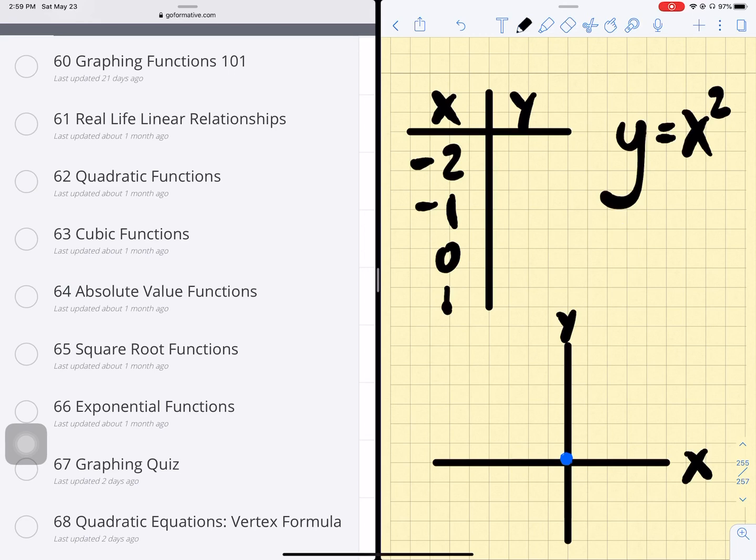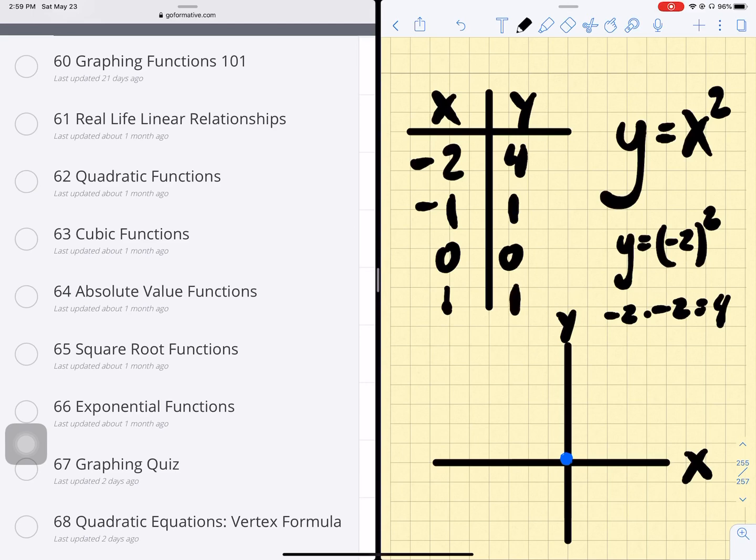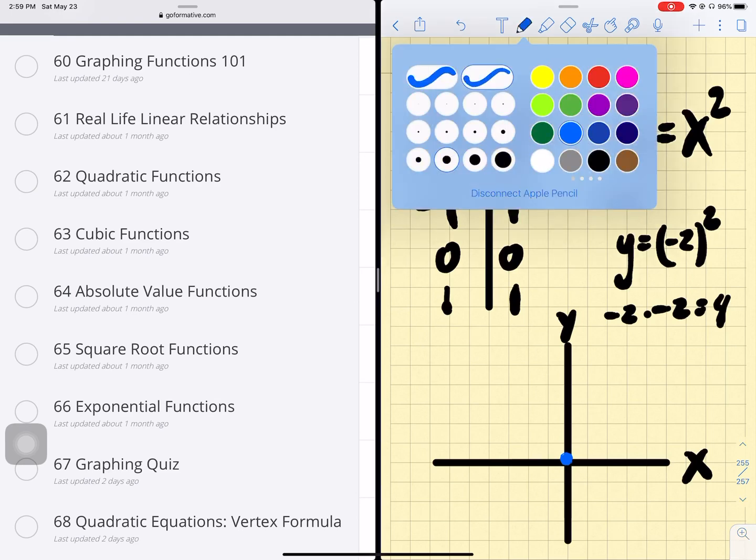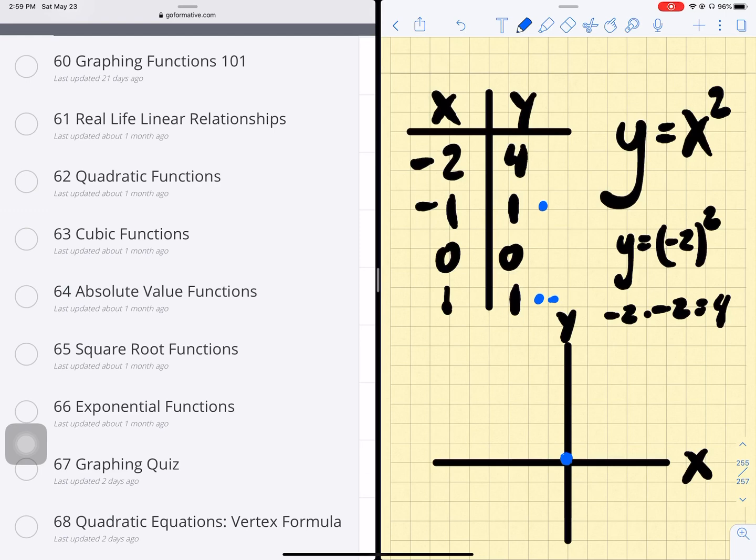Y equals -2 squared. -2 times -2, and that's 4, and that's what goes here. -1 times -1 is 1, 0 squared is 0, and 1 squared is 1. And what you'll see here is, look right here and here. It's the same answer. So usually that's rare. Usually we don't see that when you're doing a line.